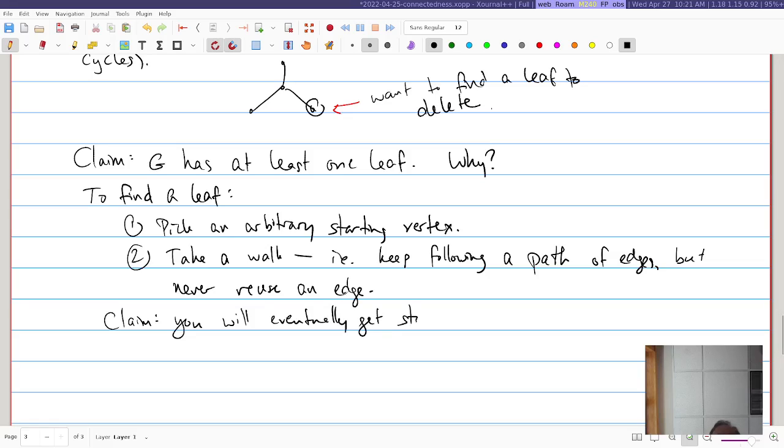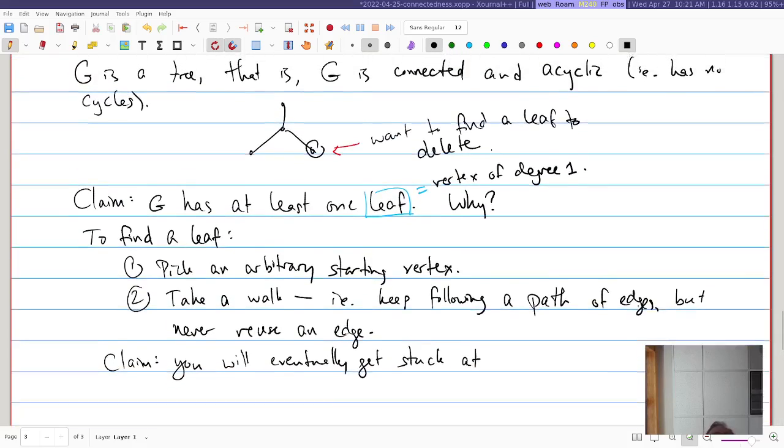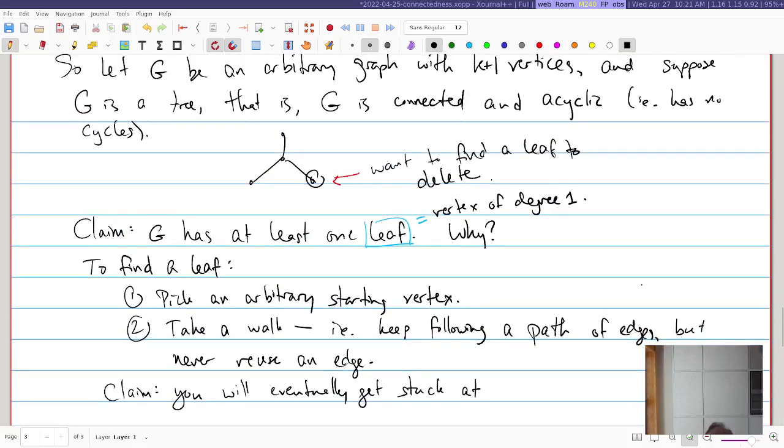Or I should have defined here what leaf means. Leaf equals vertex of degree 1. And that is a generic graph term. It makes special sense when we're talking about trees, because what's at the very tip, the end of the tree? Leaves, right?